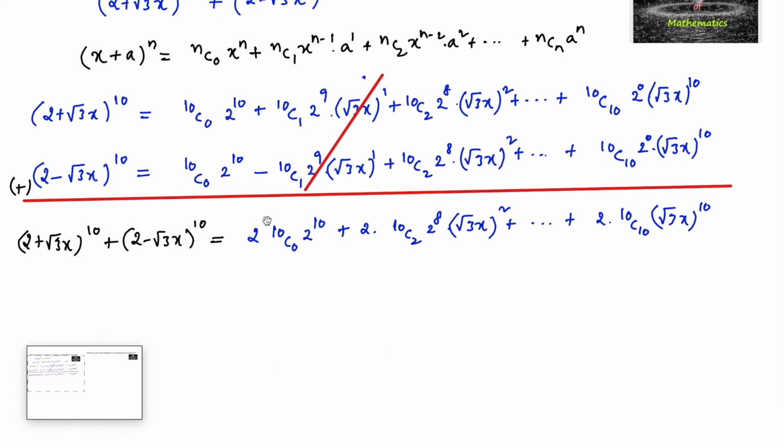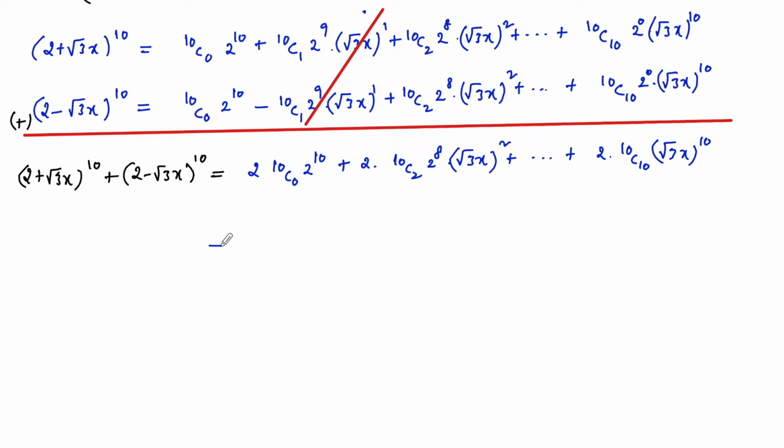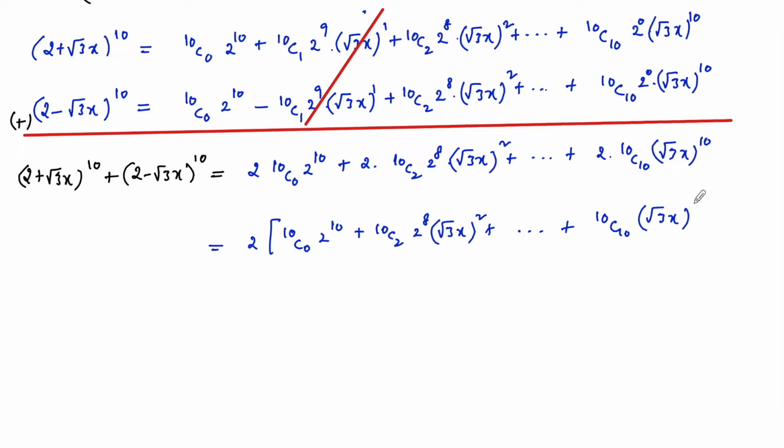So we can take 2 common and we can write 10C0 2^10 plus 10C2 2^8 into (√3x)^2 and so on 10C10 (√3x)^10.